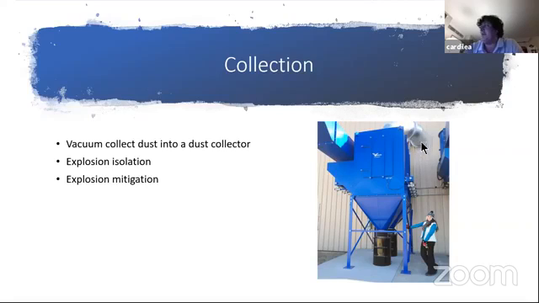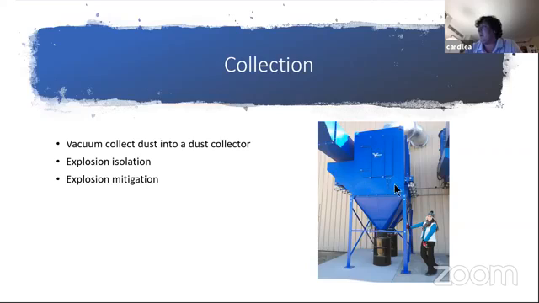It's not shown in this picture, but as part of the protection system, there should be isolation valves so that if you have an explosion within this dust collector, it'll keep the explosion contained between this area and the collector itself.